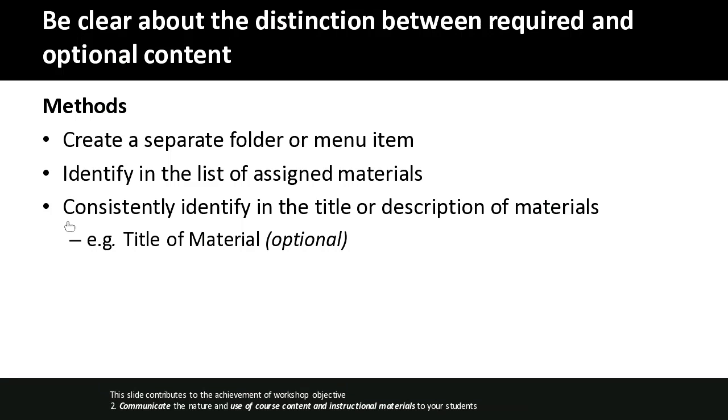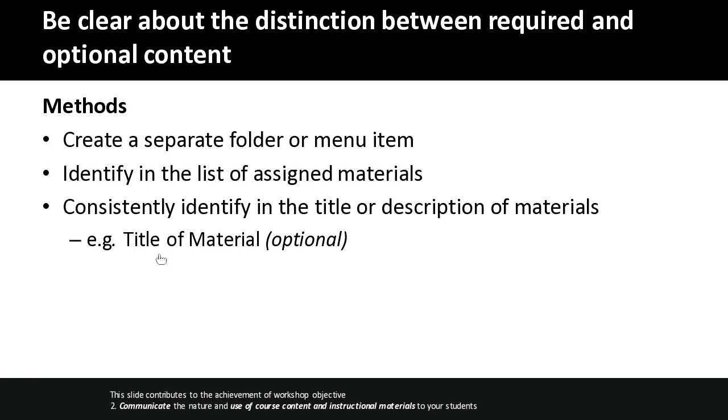So an asterisk. Any material that has an asterisk next to it could be that optional material. In this case, I have an example where you have the title to the material, and then next to it in parentheses, it says optional. So there's no question between the two.